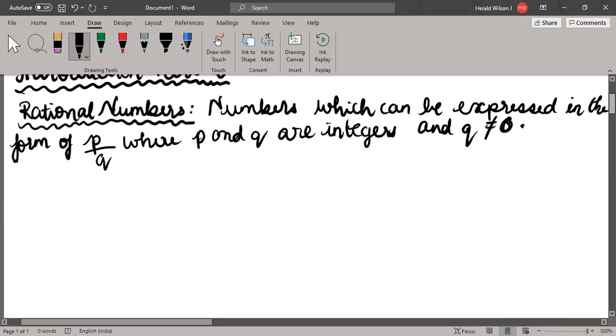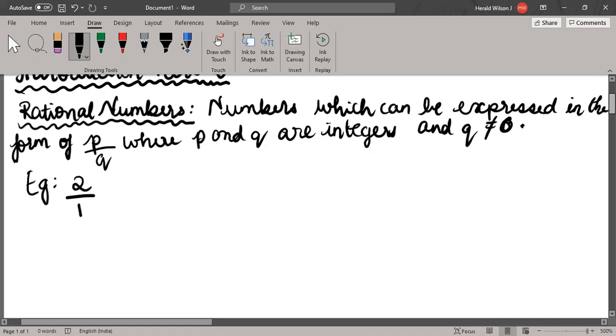Let me explain this definition via an example. So we can say 2 is an example. How is 2 an example? Because this can be expressed in the form of P by Q. Can I say that 2 can be written in the form of 2 by 1? Of course I can. And here P and Q, that is 2 and 1, are integers, right?